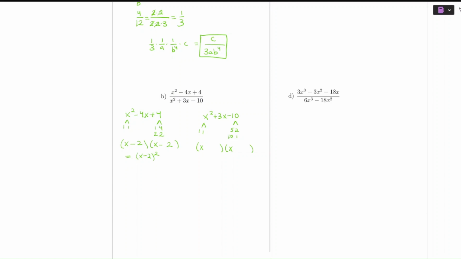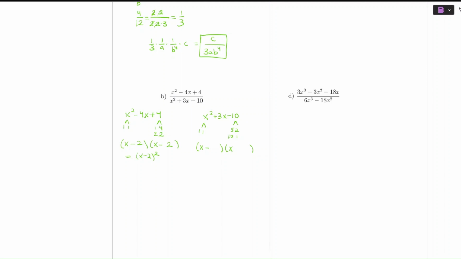All right, so my middle term's positive. My constant term is negative, so I'm gonna have one of these factors have a negative term, right? Because if I had two negatives, I would get a positive. But if I have two positives, I'll also get a positive. So I have to have a negative multiplied by a positive to get negative 10.